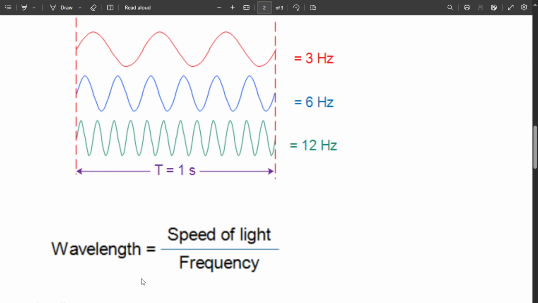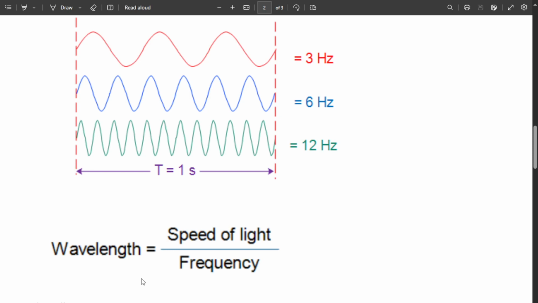Now let's see the equation of it. Wavelength is related to the speed of light. Speed of light is a reference that we are taking. As we know, the speed of light, C, is the highest frequency, or you can say waveform, that we have measured in the entire universe.